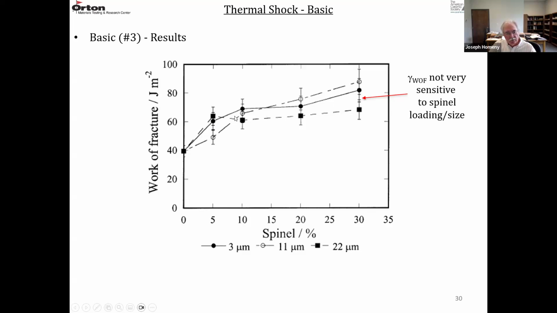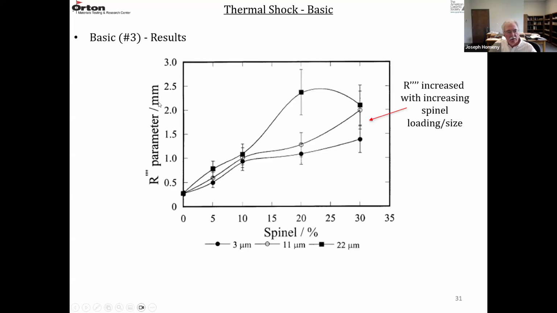All three composites with the 3 different particle sizes tend to follow the same behavior. Loading and size are apparently not that important, but all three increase from about 40 joules per square meter to about 80.